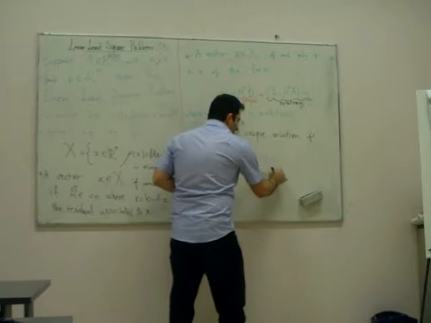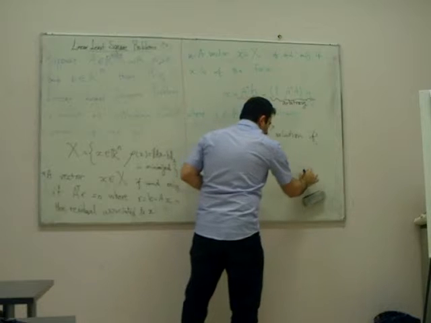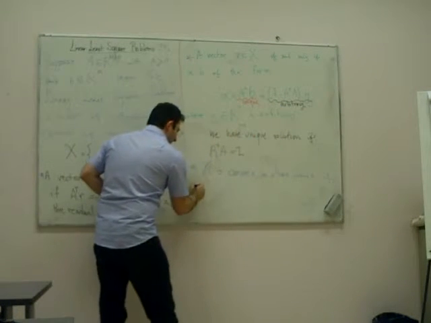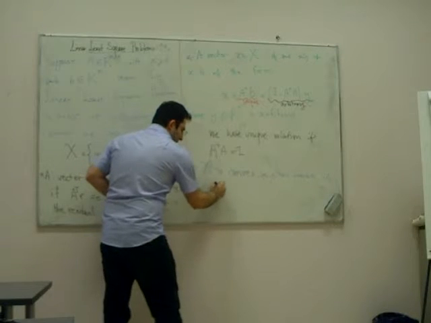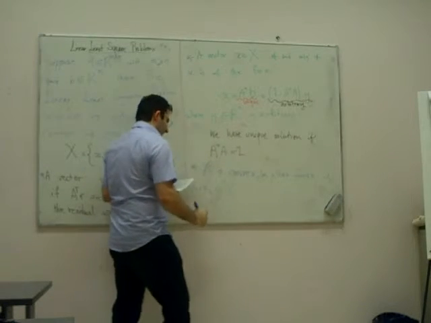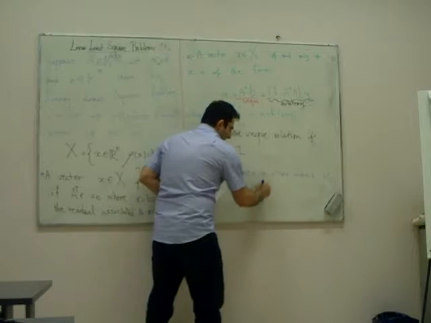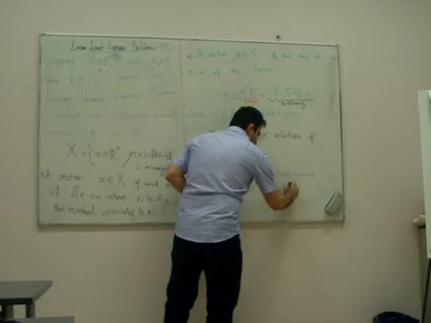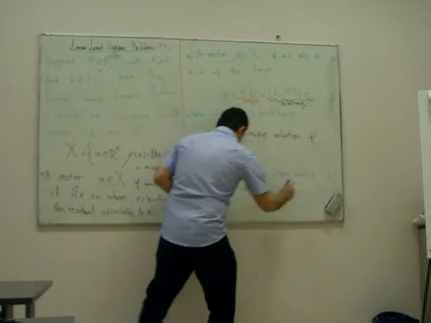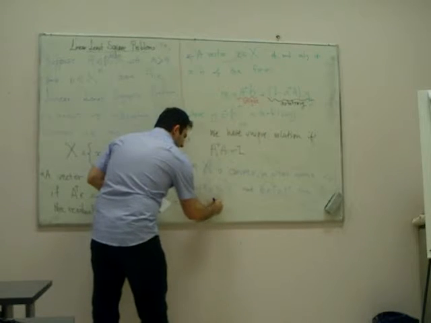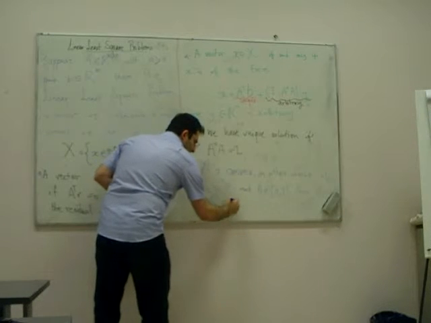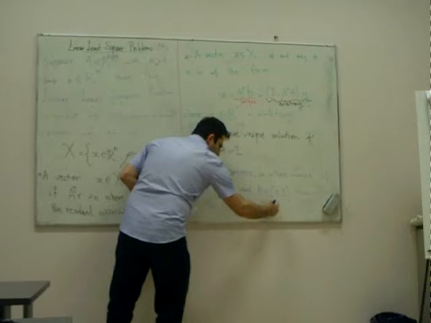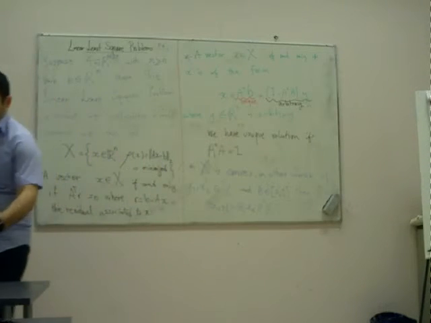In other words, if x1 and x2 belong to our vector space X, and theta belongs to 0 to 1, then theta x1 plus 1 minus theta x2 also belongs to X.